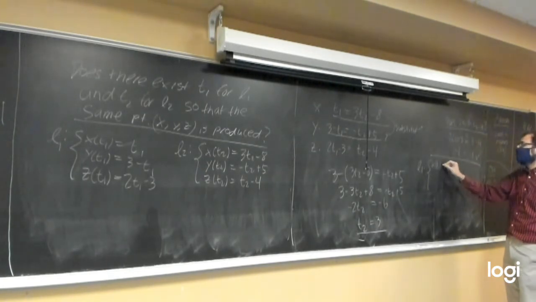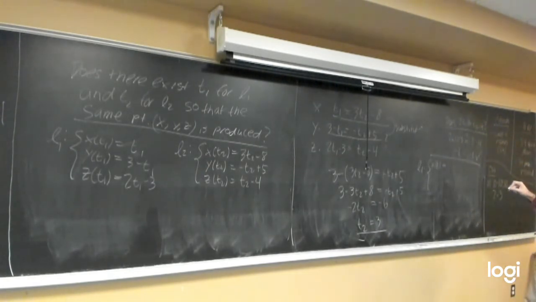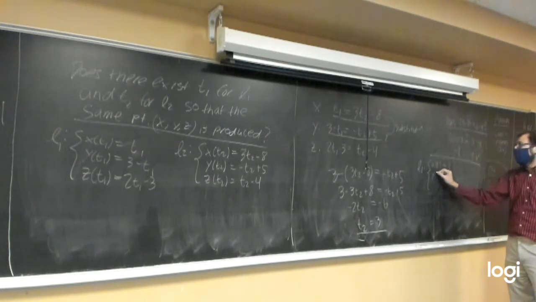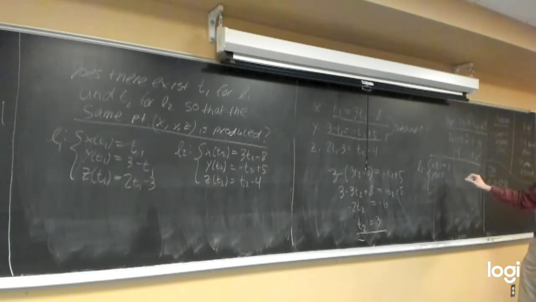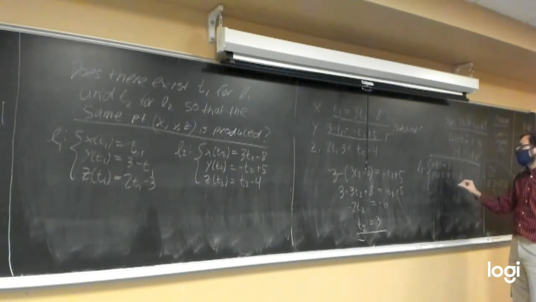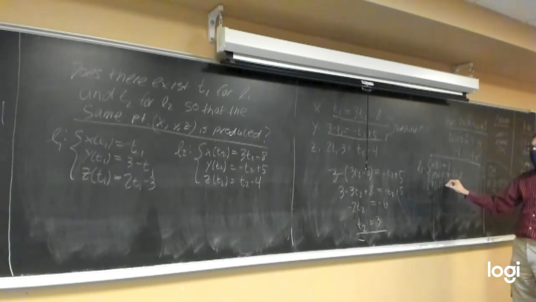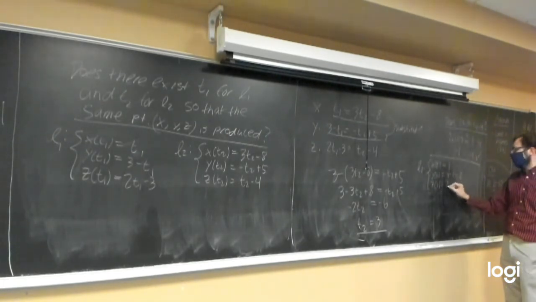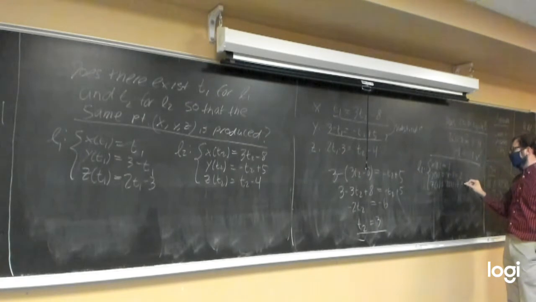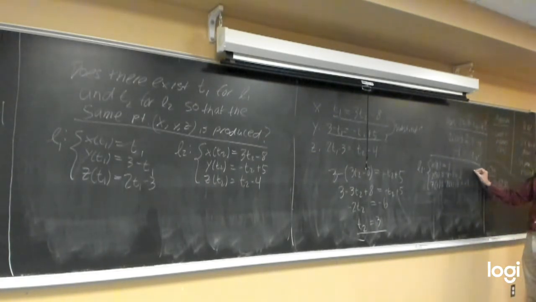That would be taking x of 1, which would give us just 1. y of 1, which is 3 minus 1, which is 2. And z of 1, which is 2 times 1 minus 3, equals negative 1. That's going to produce the point for us: 1, 2, negative 1.